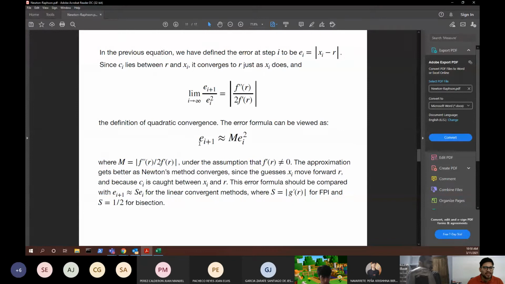Or in general, the future error in the step i plus 1 is approximately equal to M times the square of the current error. So this is just simple math, right? We just send this one to this one, and then we got this one.